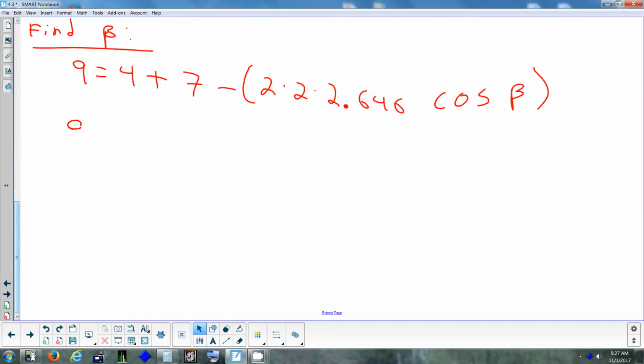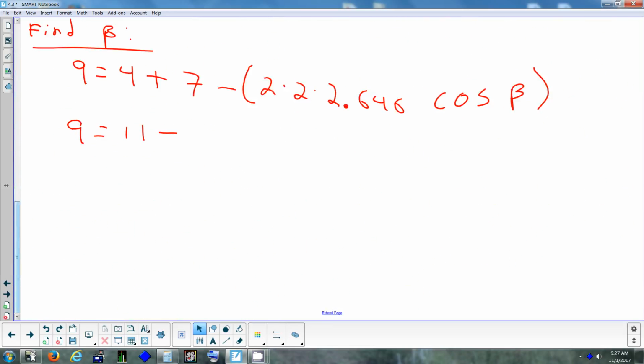All right, let's start to simplify. Emily, 4 and 7 gives me 11. Yeah, you're right, 11. Now it's okay to do that first because it's outside the parentheses. It's not going to affect anything that happens inside the parentheses. So it's okay to do your addition first in that part. Now the next part is 2 times 2 is 4.